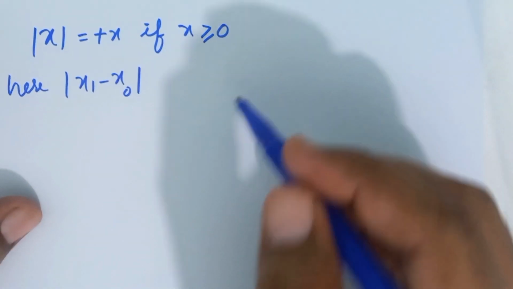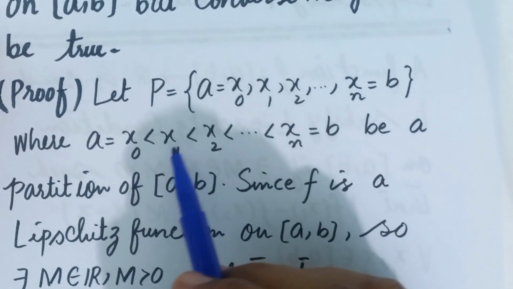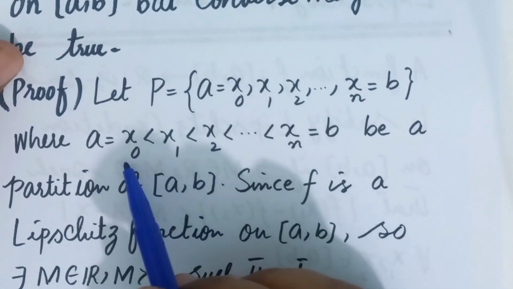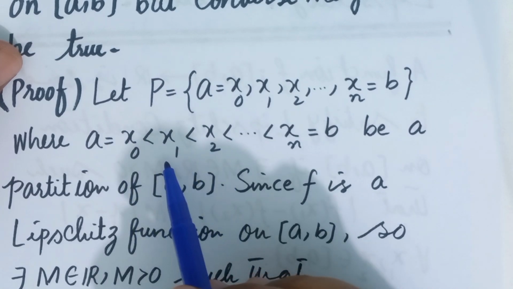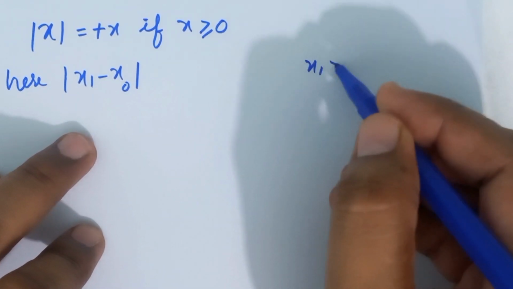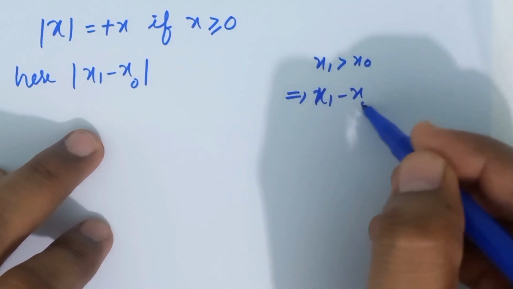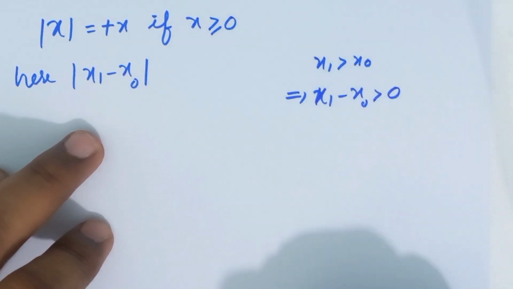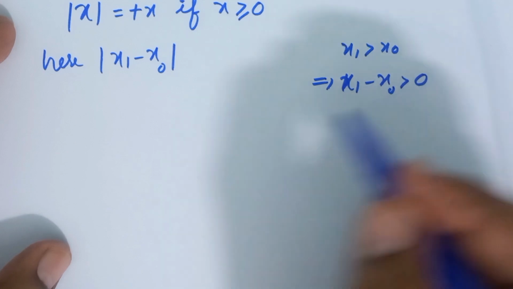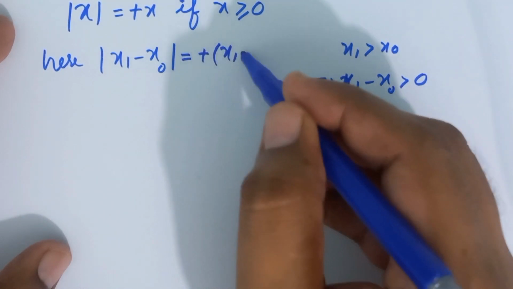As in our partition, I have defined that the points of the partition are in this order: x1 is greater than x0, x2 is greater than x1, and so on. So here x1 is greater than x0. When x1 is greater than x0, it means x1 minus x0 will be greater than 0. So if x1 minus x0 is greater than 0, then its absolute value will be just equal to x1 minus x0.